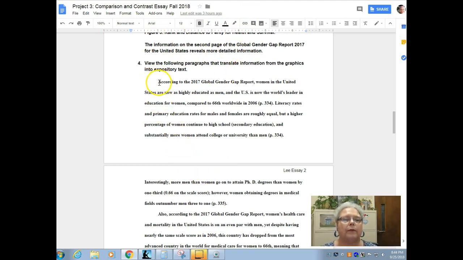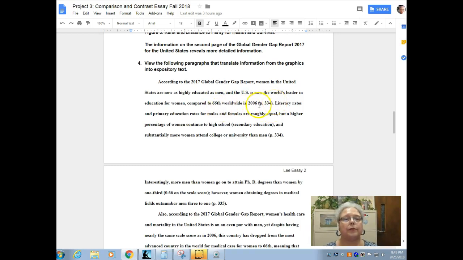Okay, so here we have the first one. According to the 2017 Global Gender Gap Report, women in the United States are now as highly educated as men, and the U.S. is now the world's leader in education for women compared to 66th worldwide in 2006. So that information came from page 334.